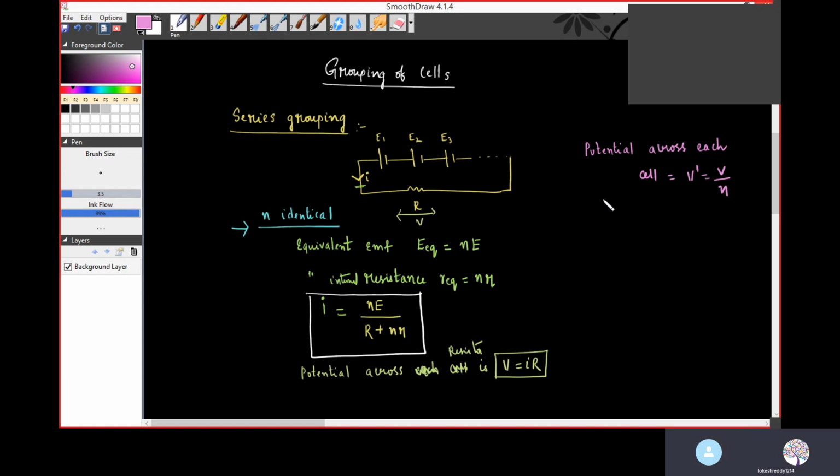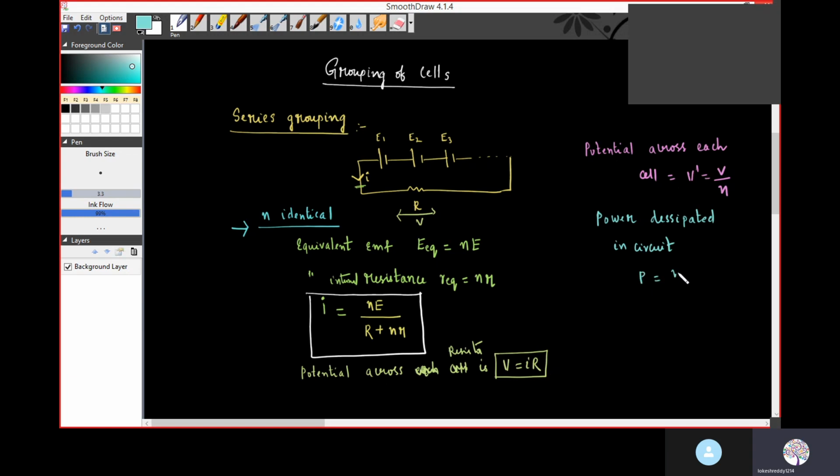Power dissipated in the circuit. How much power will be dissipated in the circuit?